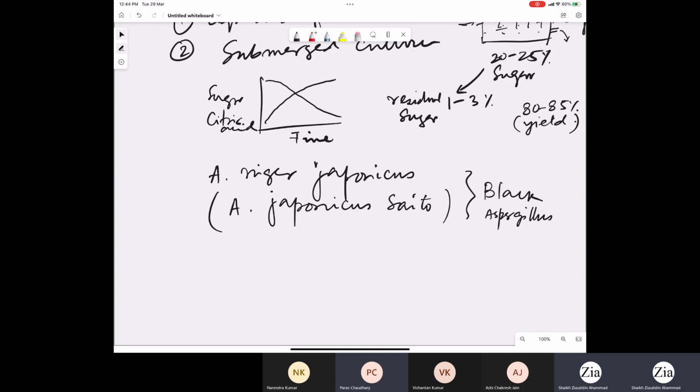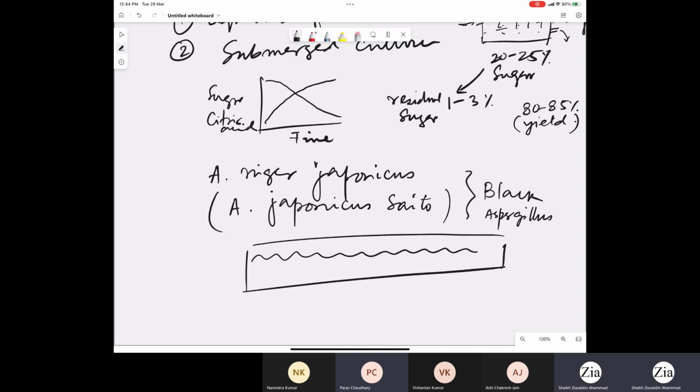So in a similar kind of tray, not a very deep liquid height, you have a shallow liquid height in this system, say 15 centimeters, and then you just sparge air to get the mixing, and the aeration is also helping the Aspergillus to grow, and it will produce citric acid.